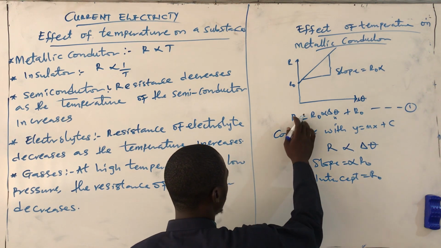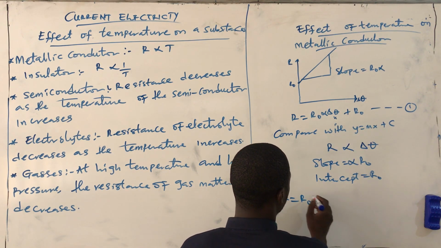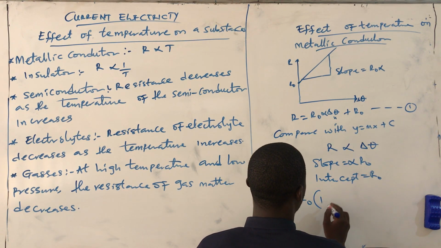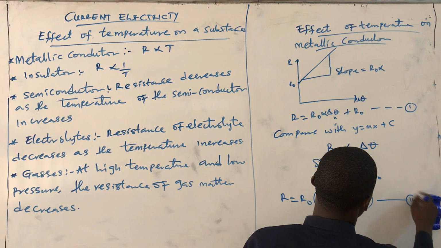So from this equation, I can say that R is equal to R naught into 1 plus alpha change in temperature. Let's say this is equation 2.